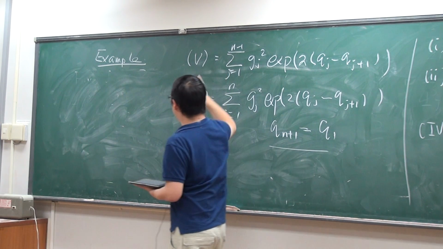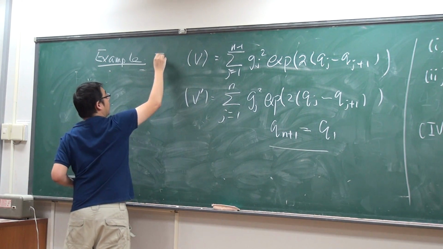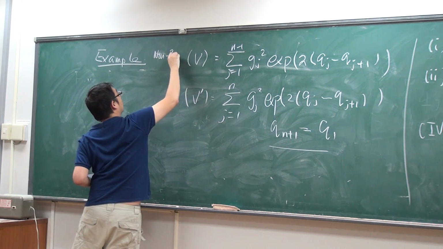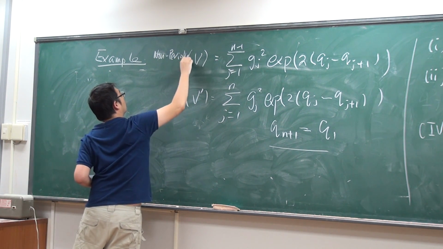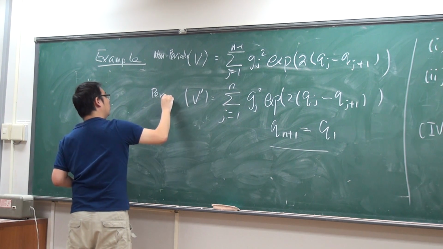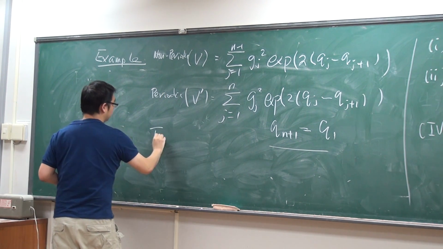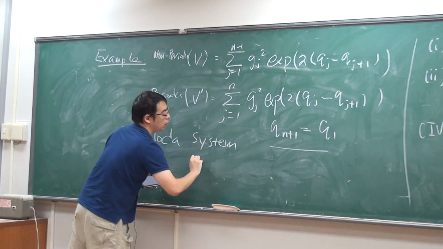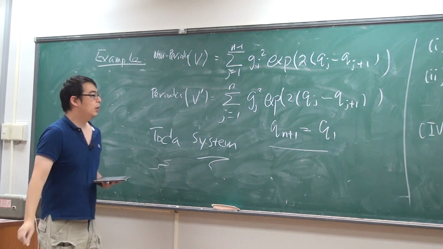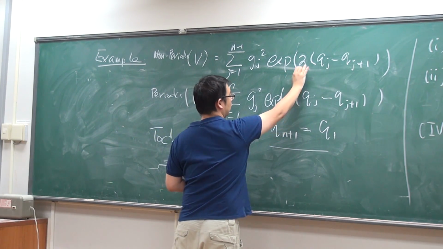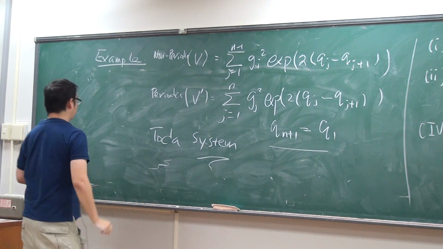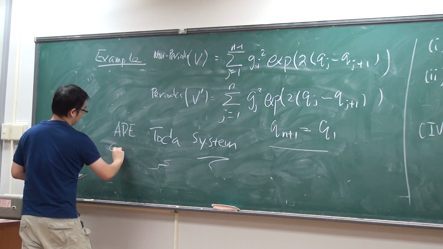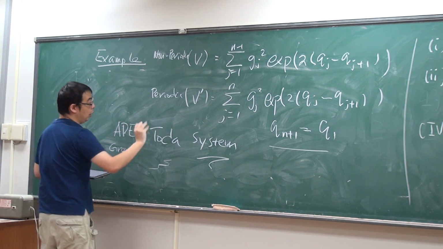So those two are also very famous potentials. They are called basically the non-periodic and periodic Toda system. Actually, all these coefficients, in fact you might see a different kind of ADE group classification of Toda system.